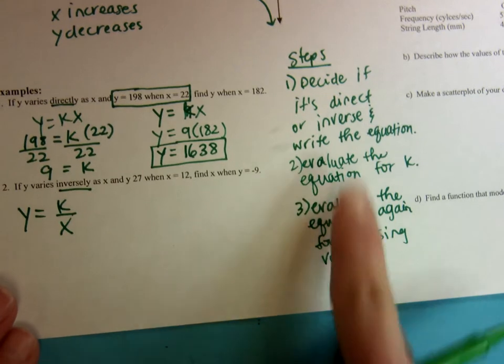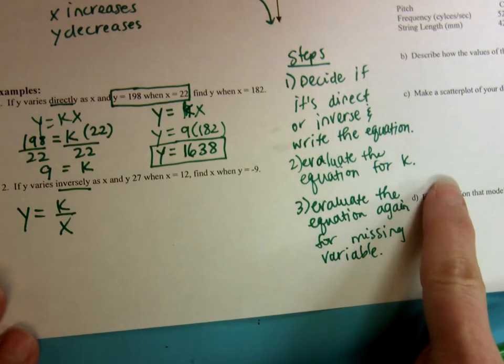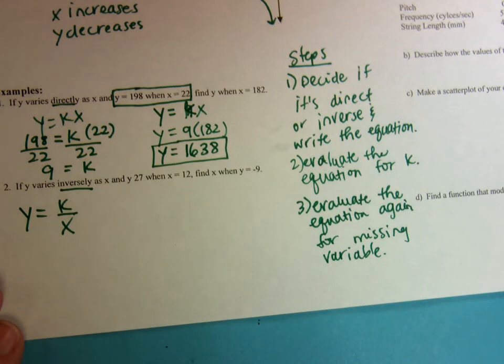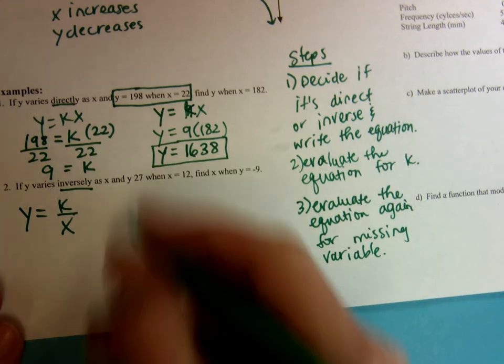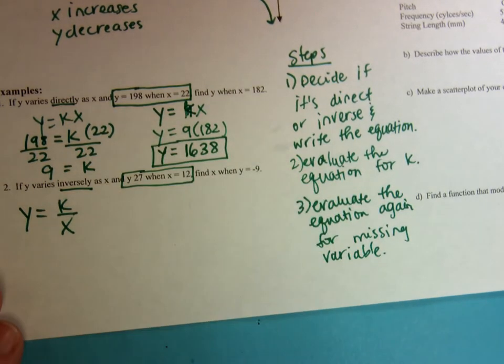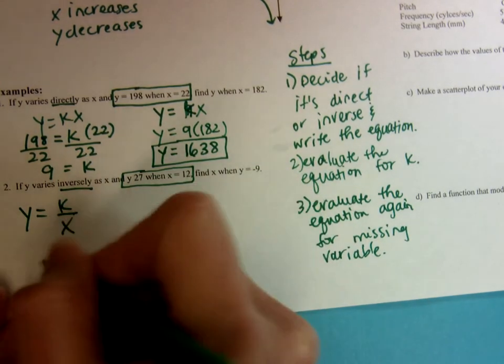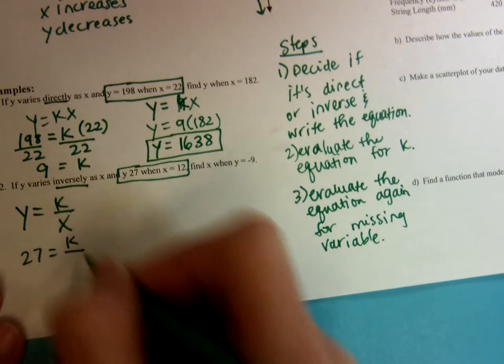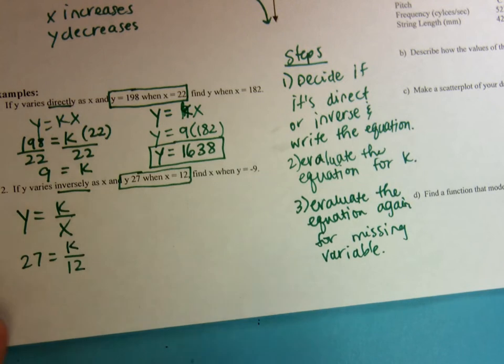And now it says evaluate the equation for k. In order to do that, you have to find the two numbers that are connected that we can find the pattern of. And that would be y equals 27 and x equals 12. So we want to plug in the 27 where the y is. We don't know the k, but the 12 is the x.